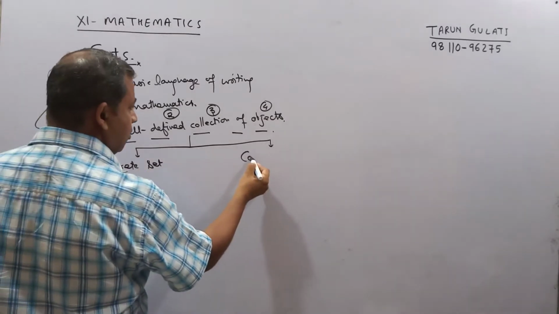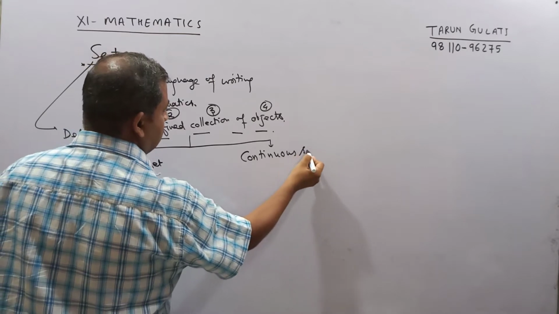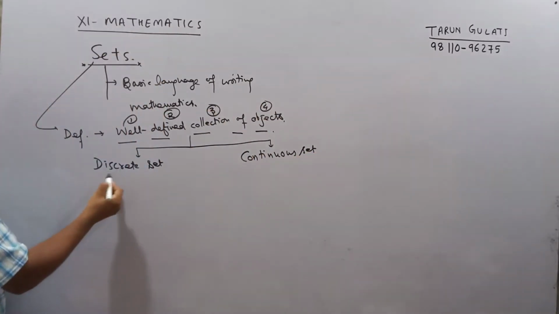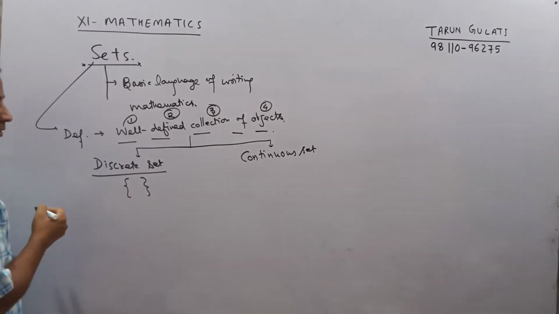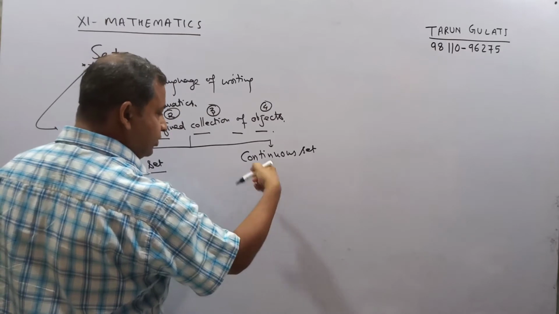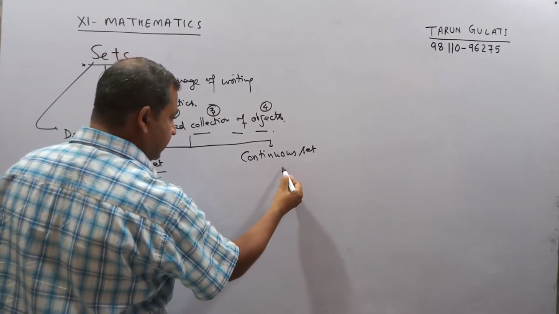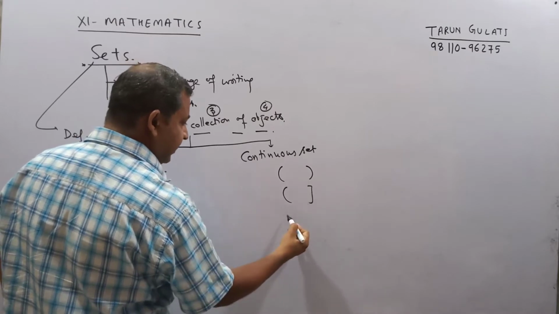Another is continuous set. A discrete set can be expressed in terms of curly brackets, but a continuous set can be expressed in round brackets, like this.